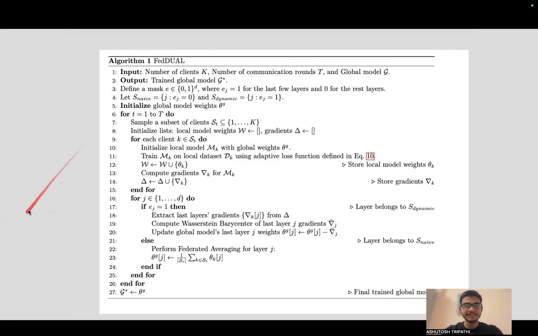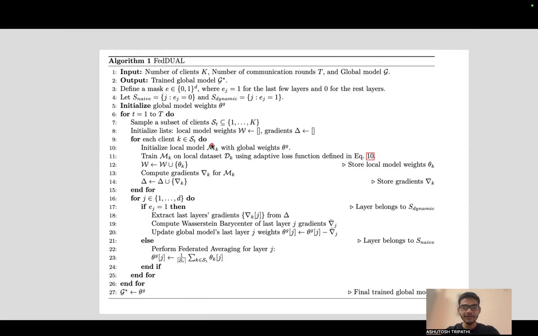Right. So let's discuss the algorithm step by step. Firstly, we have some clients K and we are doing this process for some rounds T, and we have a global model G at the server that we have randomly initialized. And at the end, we will get a trained global model.